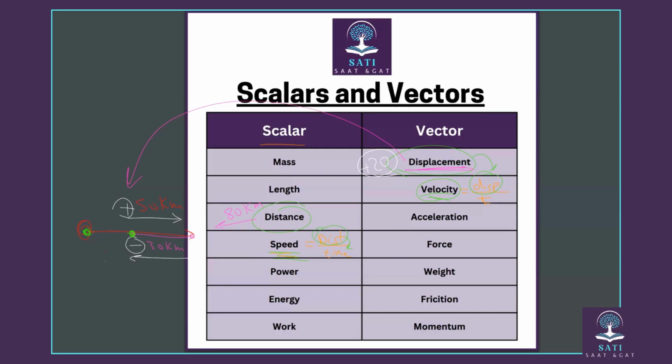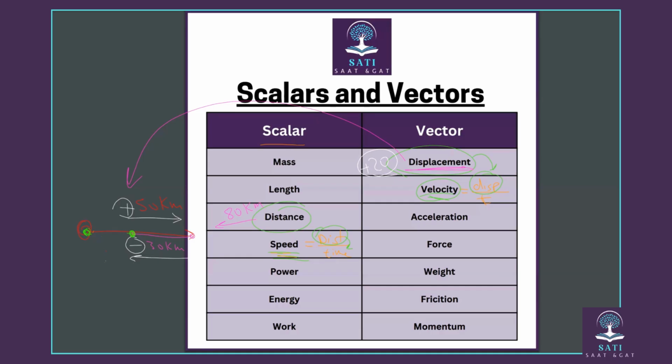But if I say I'm moving at 100 kilometers per hour north, I'm giving a direction, so in this case it is called velocity. Again, vector quantities are sensitive to directions, and when there are opposite directions, the signs of the vector quantities will be opposite to each other, one positive, one negative. Then you add them to find the resultant.